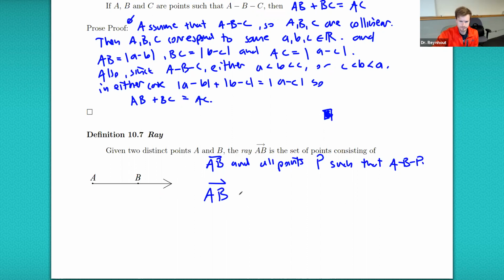So this is equal to the line segment from A to B along with all of the points P such that B is between A and P.